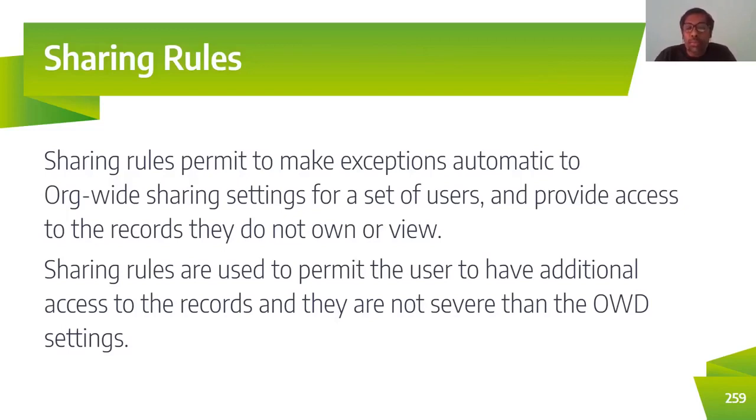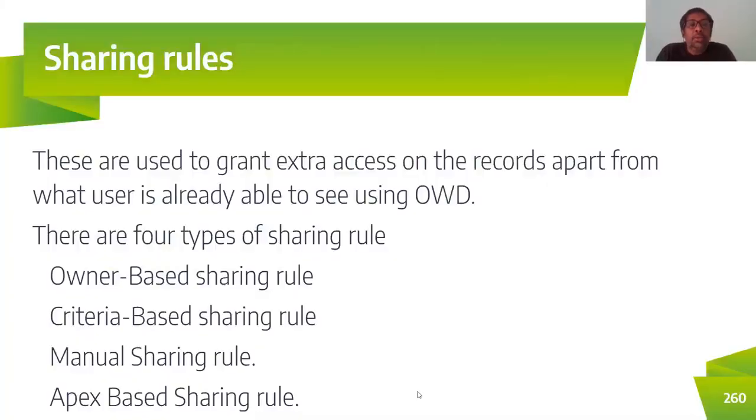Sharing rules are used to permit users to have additional access to records, and they are not stricter than the OWD setting. They are used to grant extra access to the record, apart from what the user is already able to see using OWD.